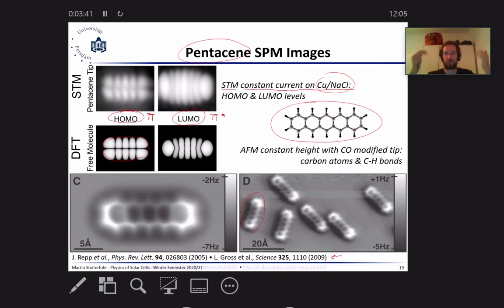There's an occupation probability across the whole molecule. So this is when we're talking about delocalized electrons. And the LUMO in this case looks like this. So this is pretty interesting. Do you have any questions so far on this part?